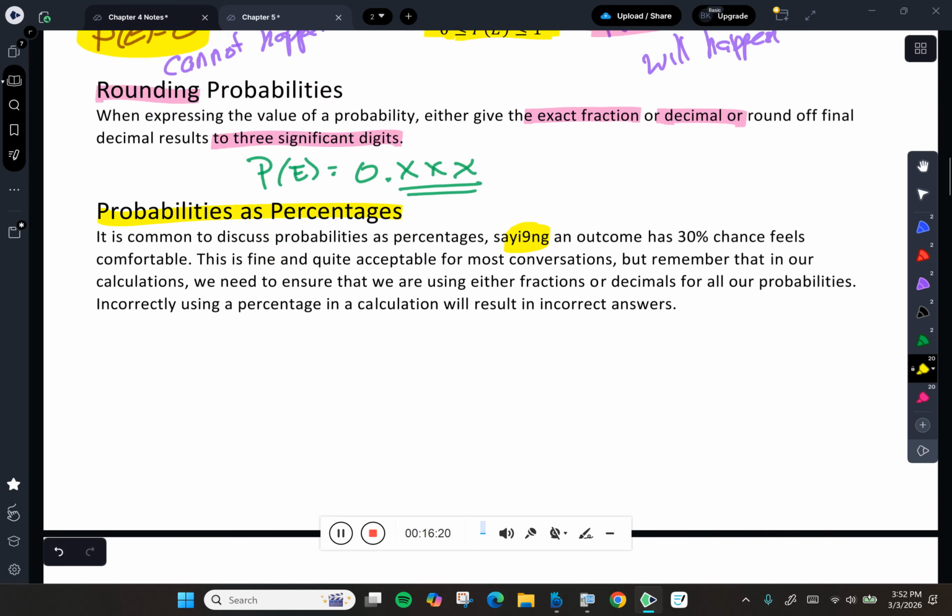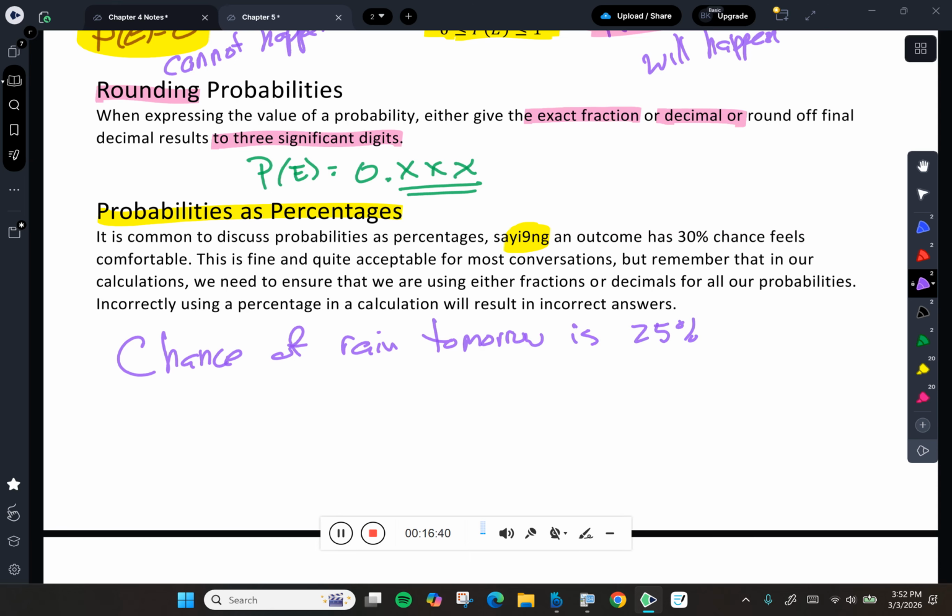You can represent probabilities as percentages, and I see a typo there. I'm sorry about that. It is very common to discuss probabilities as percentages because people feel comfortable. If I said the chance of rain tomorrow is 25%, that feels much better than me saying the chance of rain tomorrow is 0.25.